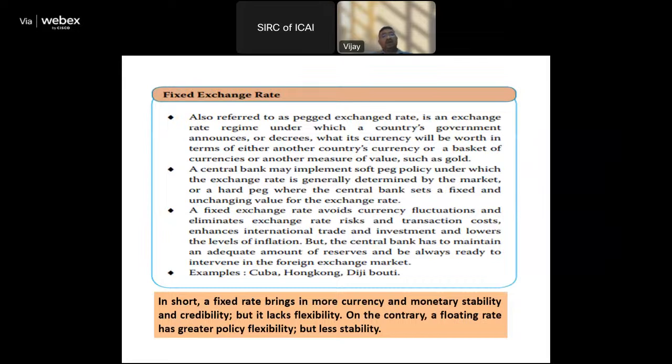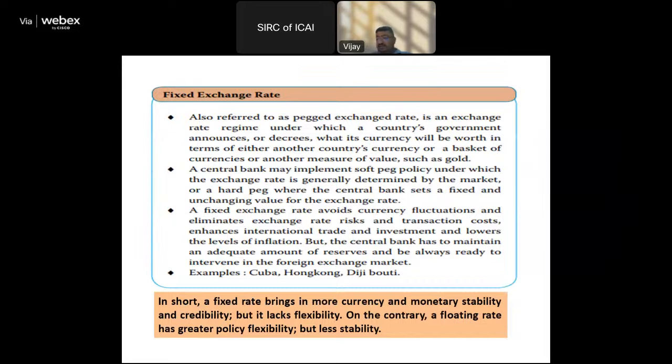That means the value of the rupee is 1 divided by 75, which comes to 0.013.